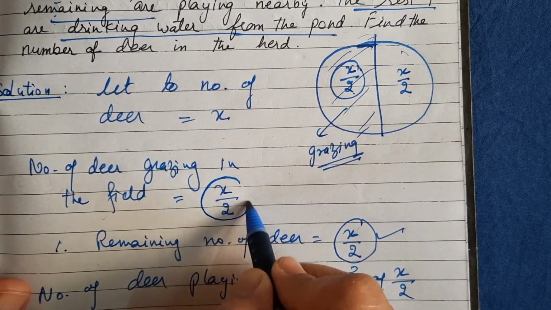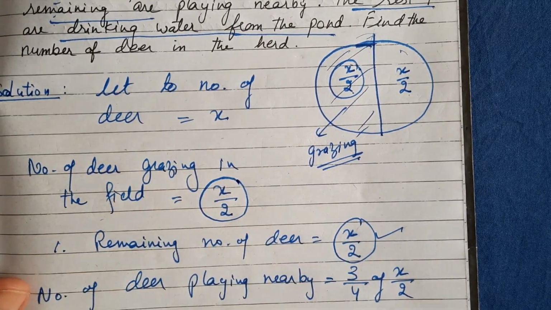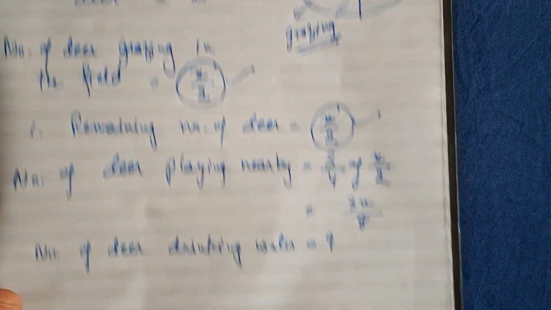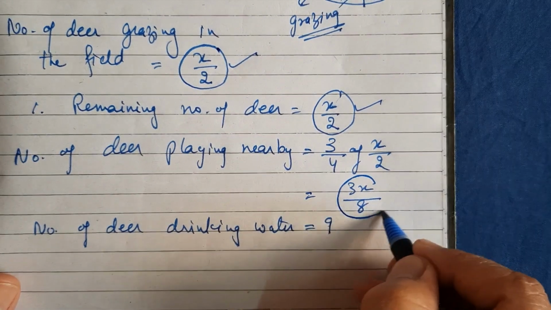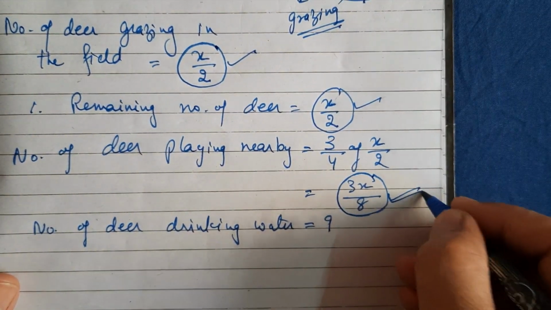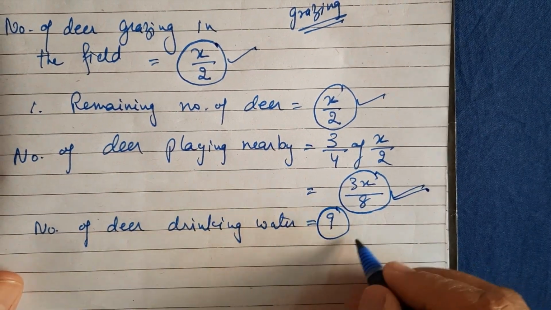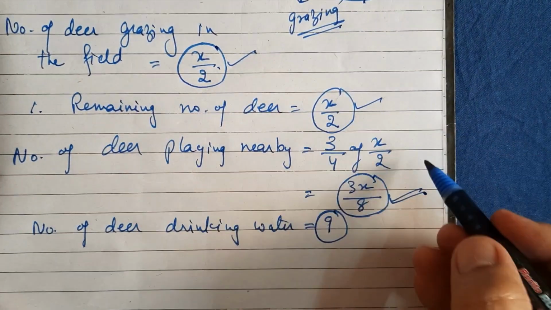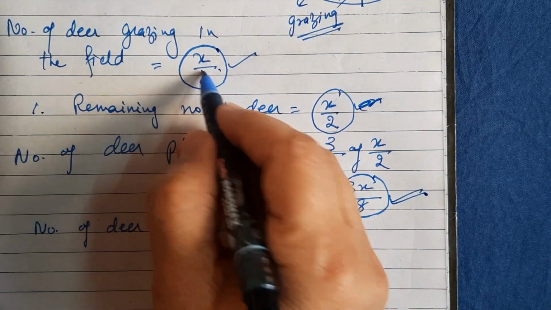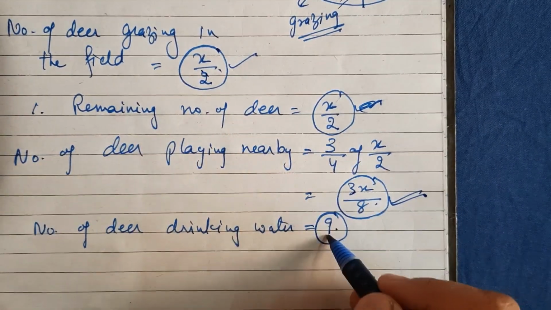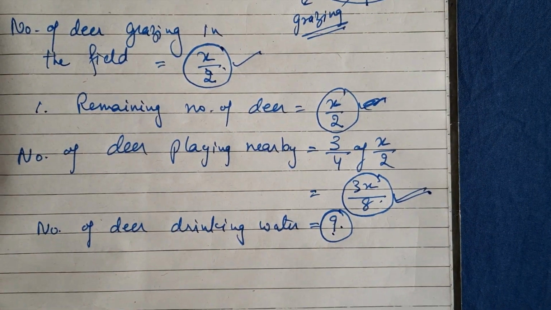This is half grazing in the field, 3/4 of the remaining half playing nearby, and the remaining 9 drinking water. So all these together, if we add, we will get the total number of deer.